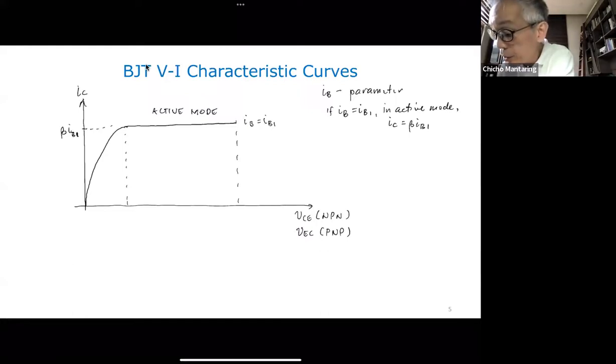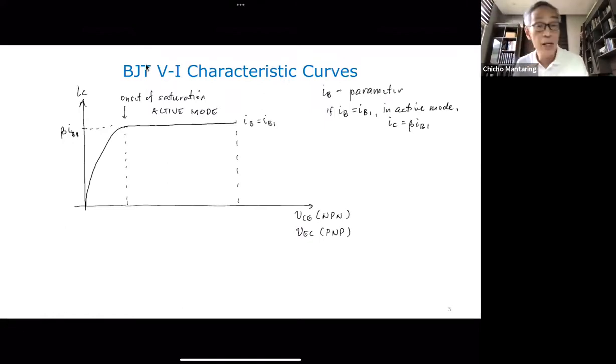Okay, and this is what we call the onset of saturation. And for a silicon transistor, that will occur at VCE approximately equal to 0.3 volts.